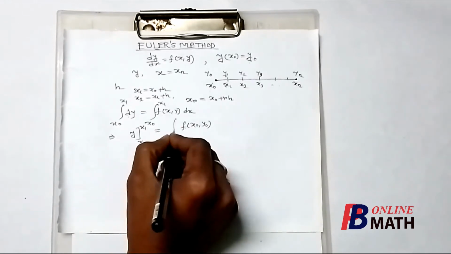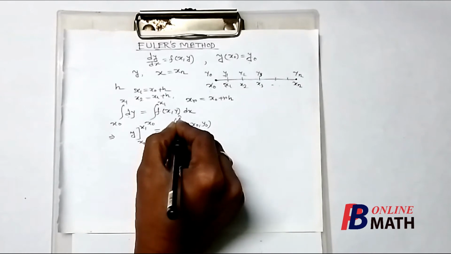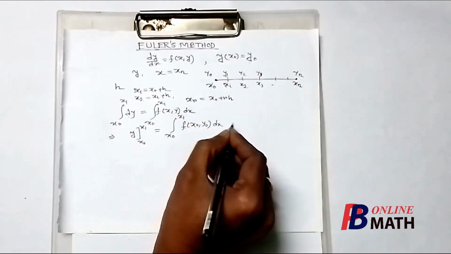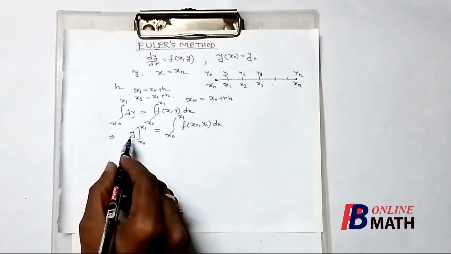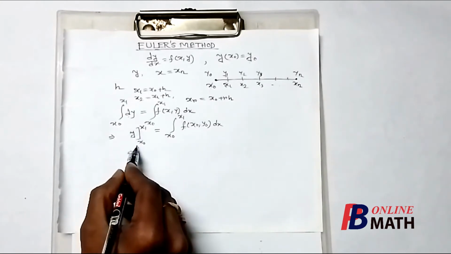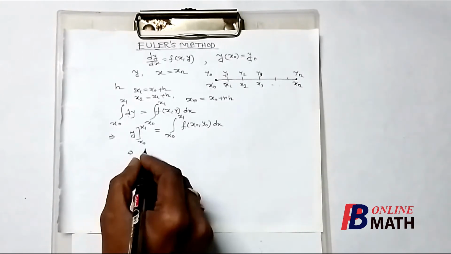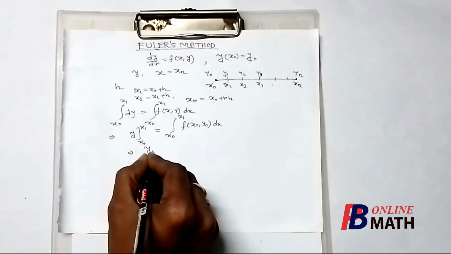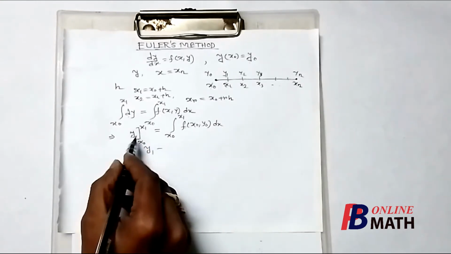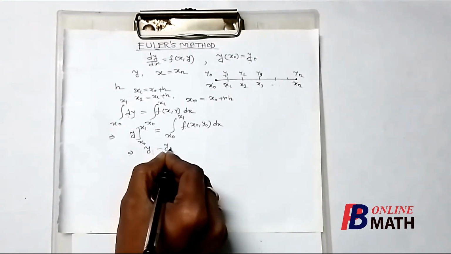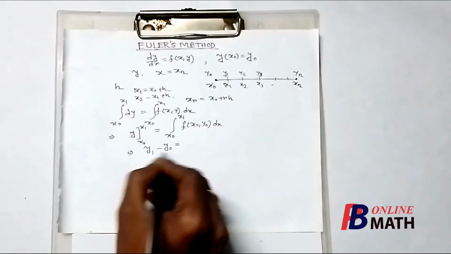So if we integrate this between x0 and x1, then this will be y at x1 minus y at x0. So y at x1 is denoted by y1, minus y at x0, which is y0. This value is given.